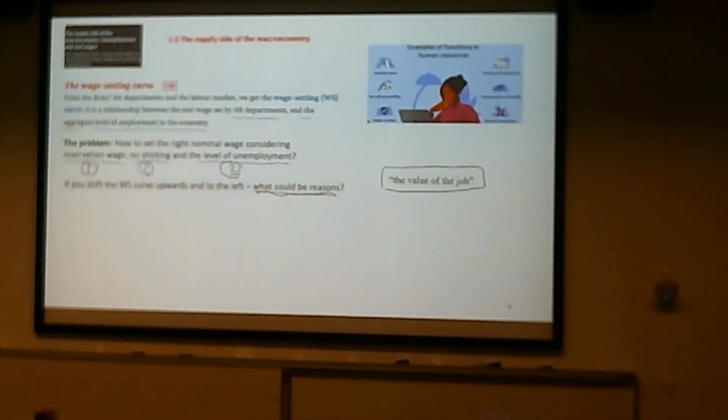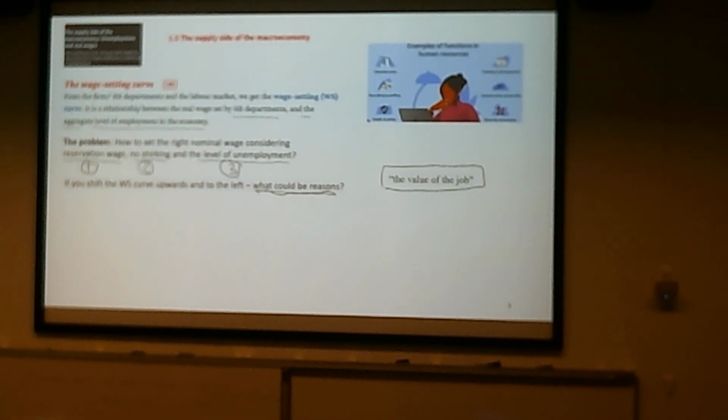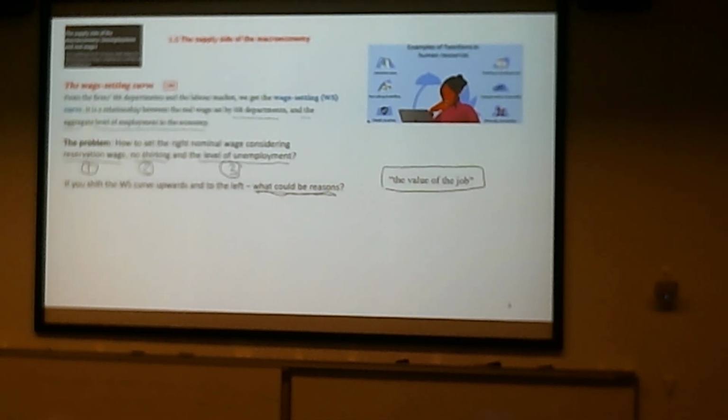So let's look at what could be reasons for shifting the curve up. Well, it could be that the next best alternative is something better.